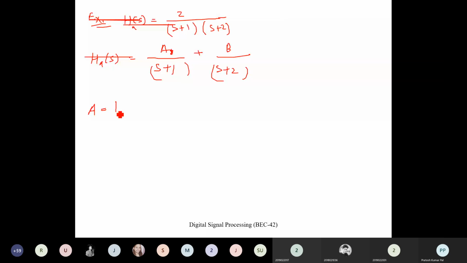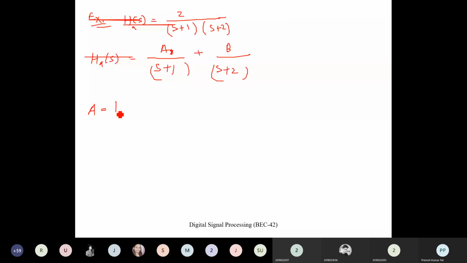Once s plus 1 equals 0, we put s equals to minus 1 in this term, whatever is obtained. So the remaining term will be 2 divided by s plus 2, and here s will be replaced by minus 1. So 2 divided by minus 1 plus 2. So it will be minus, sorry, it will be plus 2. So this a value will be plus 2.